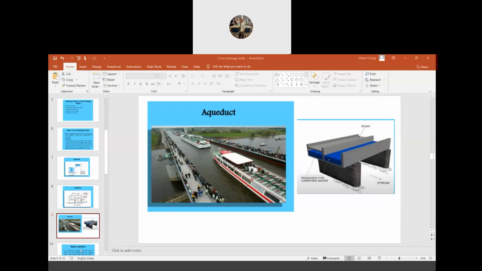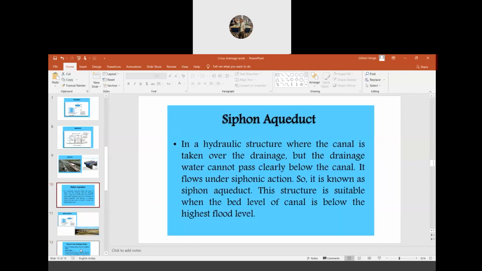Fine then. So next, we are still in type 1, that means the canal is on top of the river. The second type is called the siphon aqueduct. Here, the canal is still on top of the river, but the drainage water cannot pass the canal easily.